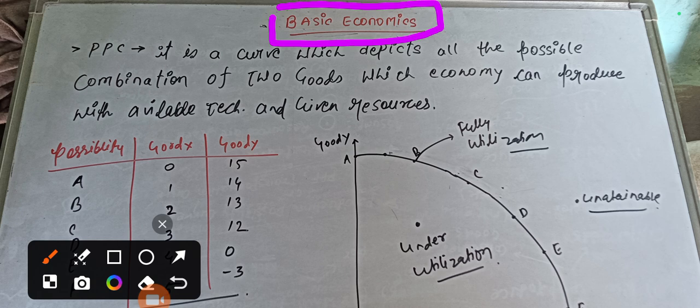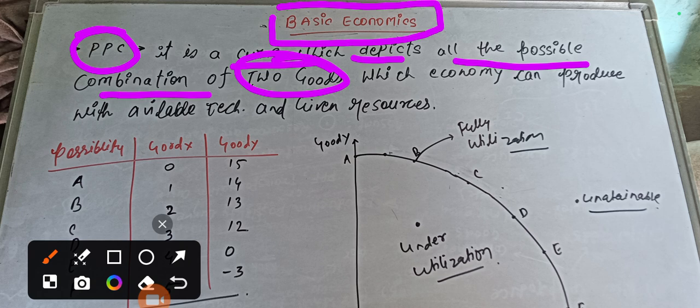So let's start. In the previous video we already talked about the PPC names and the assumptions. In this video we will talk about PPC definitions and we'll understand the curves and schedules. The production possibility curve is a curve which depicts all the possible combinations of two goods.